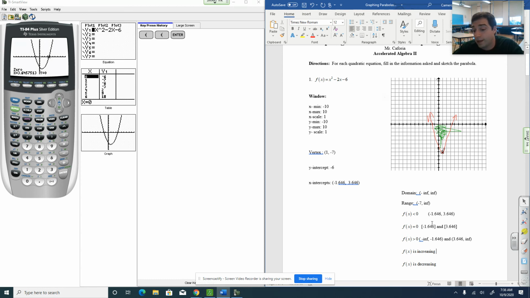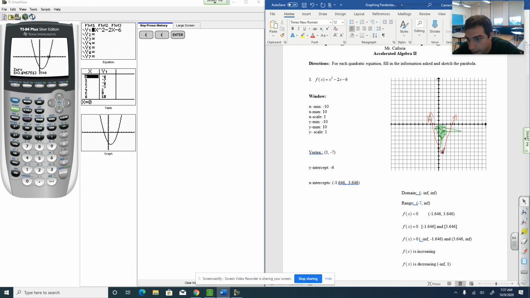So f of x is increasing. We're going to do decreasing first because that's what our line's doing to start. It's from negative infinity, because it's going to go down all the way to our vertex point. And our vertex point is 1. So it's decreasing from negative infinity to 1.